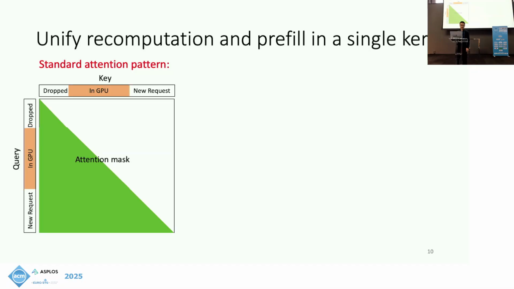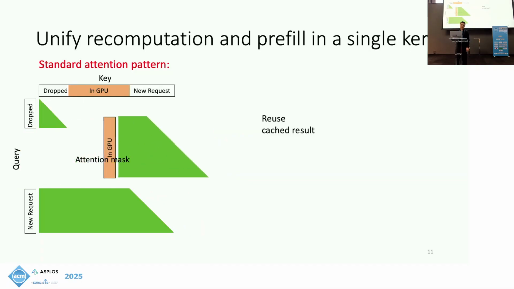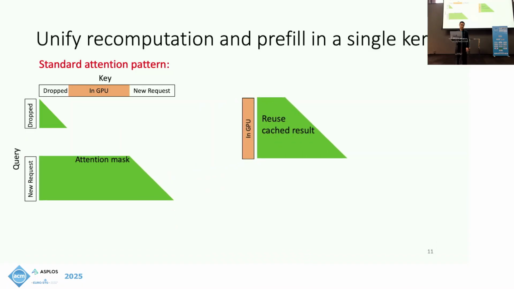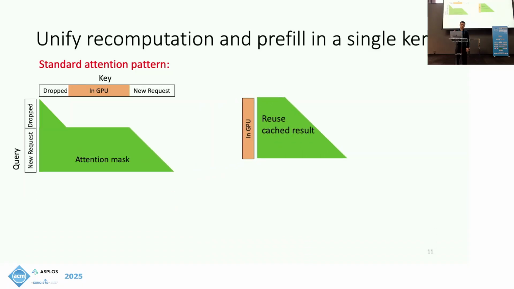What we found is, in our case, these rows corresponding to the tokens cached in GPU already have their results available in the cache. So why not just use the results from the cache? Then we can only recompute the remaining rows. But this results in this ragged attention pattern.